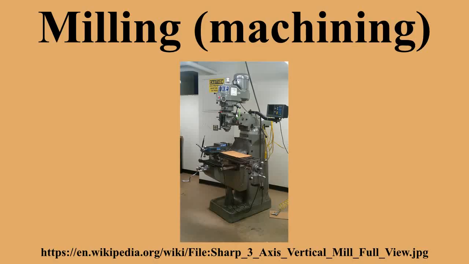Milling can be done with a wide range of machine tools. The original class of machine tools for milling was the milling machine. After the advent of computer numerical control, milling machines evolved into machining centers, generally classified as vertical machining centers and horizontal machining centers.